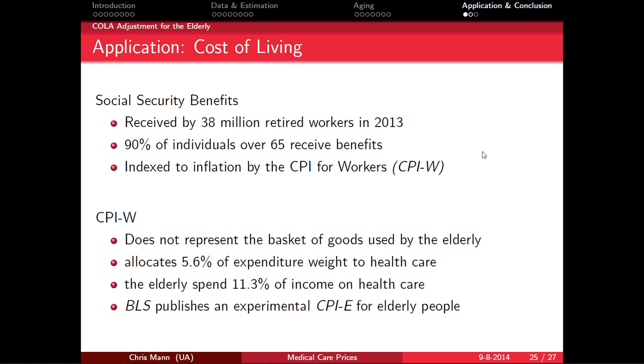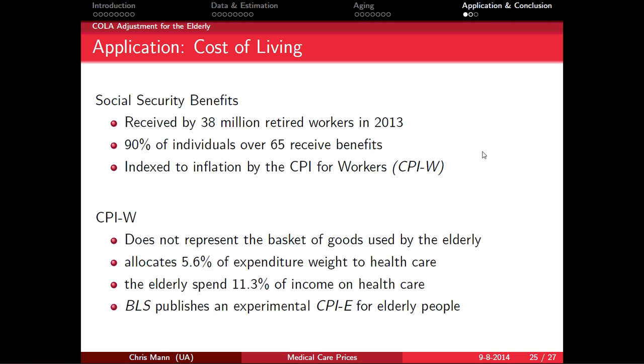Okay? Now, the biggest problem, though, according to a lot of people, is that the CPI for workers, which is what they use to index Social Security payments, does not accurately represent the basket of goods that are actually used by the elderly, right?